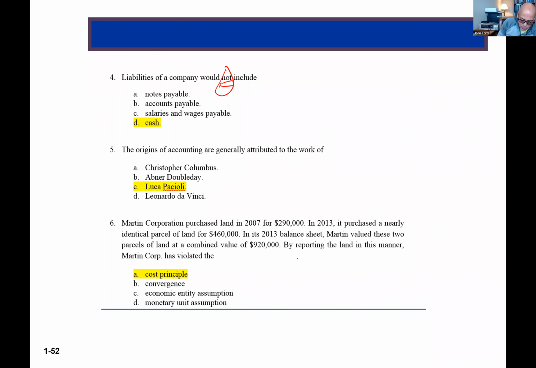So what had happened? In 2007, they bought land and they reported it at $460,000. In 2013, they bought another piece of land and they recorded that.